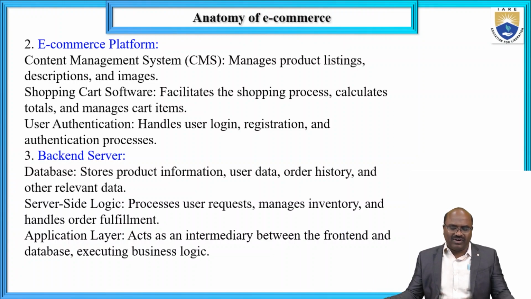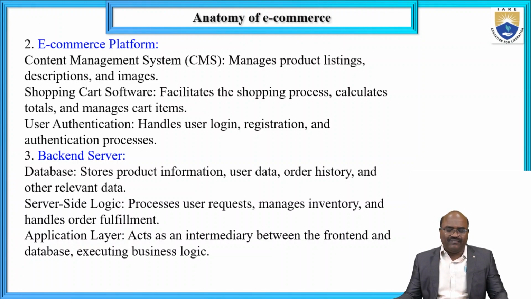Here, one is the database and the second is the server side logic. What is the server side logic? It processes user requests, manages the inventory and handles order fulfillment. In the backend server, different types of layers are required, such as TCP/IP layers and OSI layers.